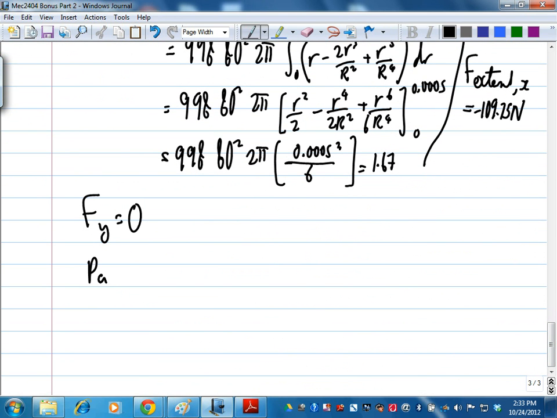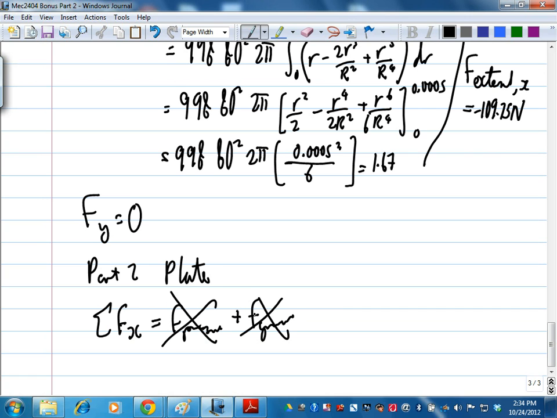So part 2, plate in place. Sum of the forces in the x equals F pressure. This time, in this case, this one is 0, plus F gravity, which also is 0, plus F viscous, which is 0, plus F external equals M dot out V out minus M dot in V in.